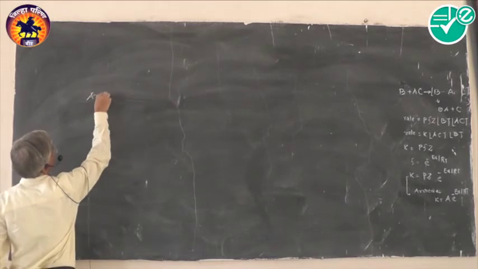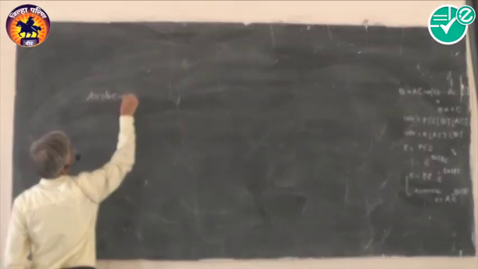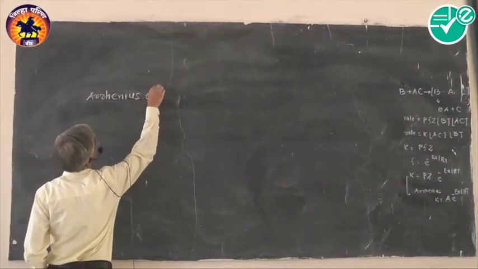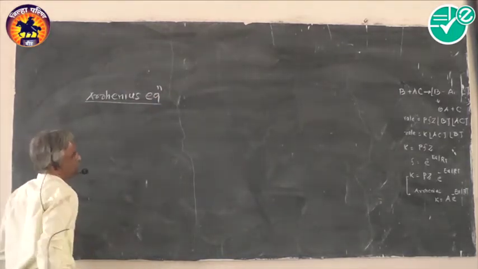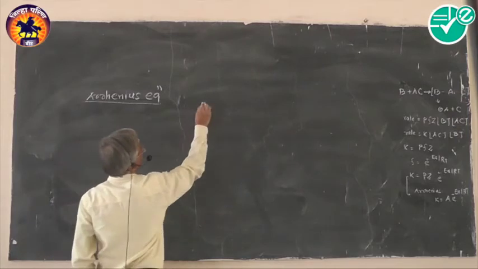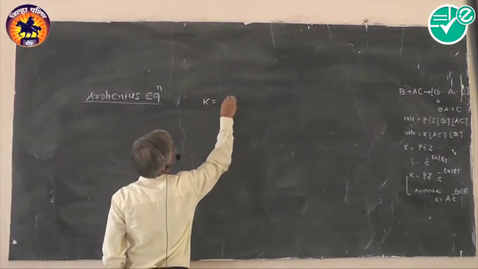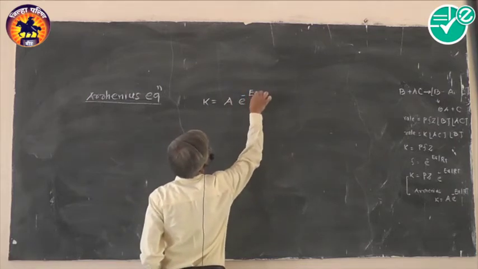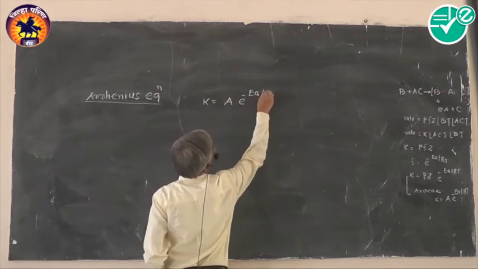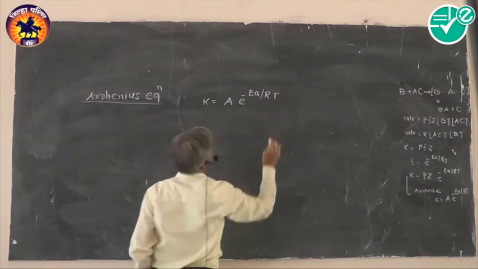That is the Arrhenius equation, that is rate constant and temperature. So K equal to A e raised to minus EA, activation energy divided by RT.